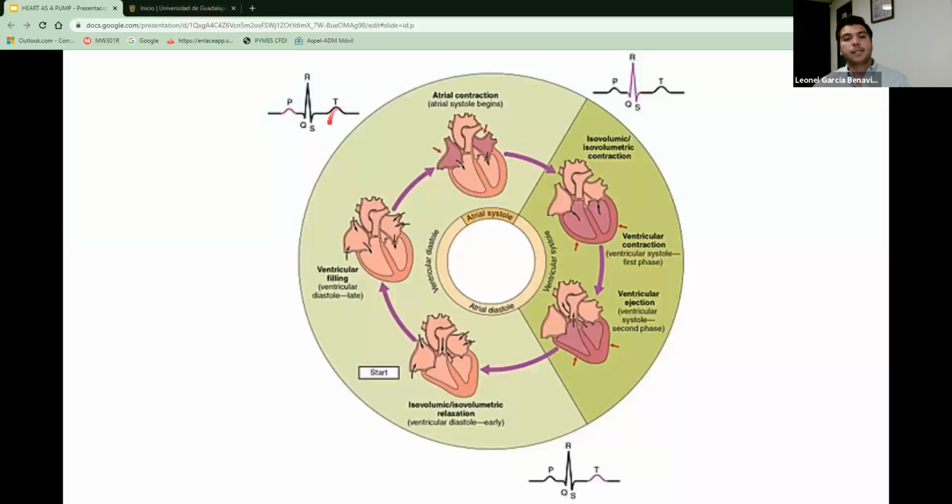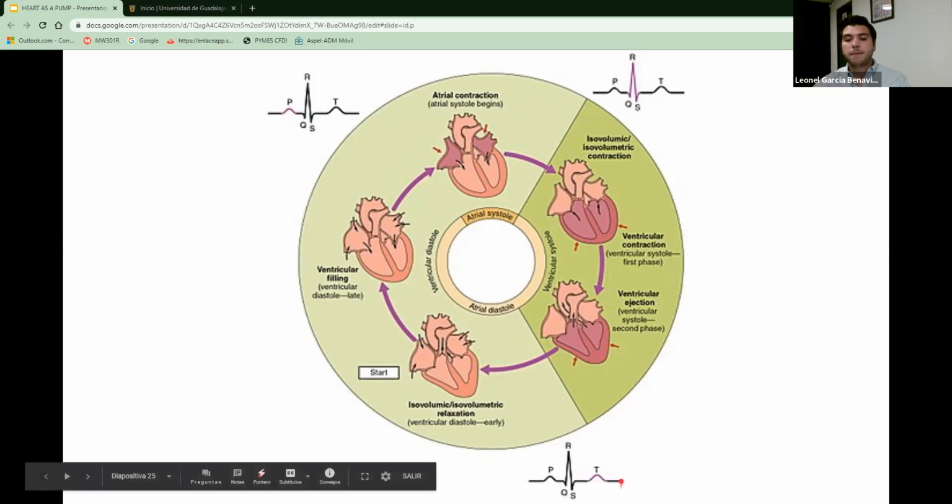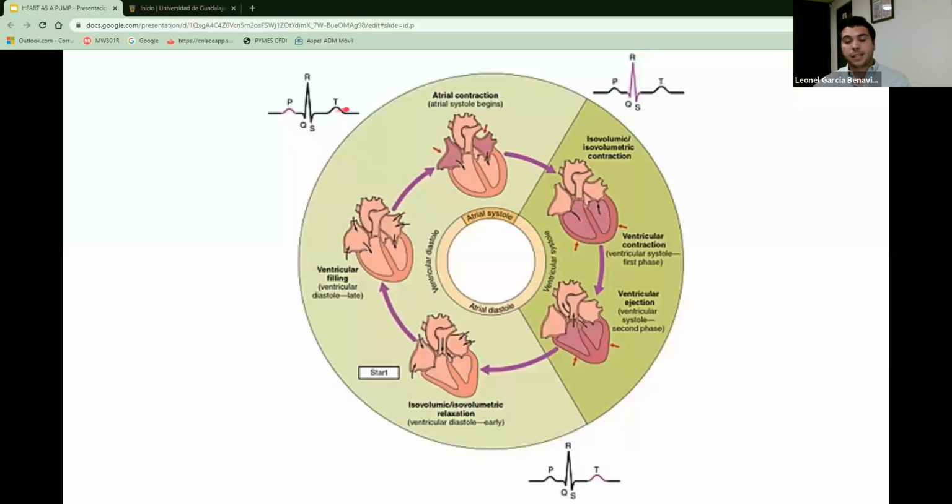And then the T wave is going to be the repolarization, the isovolumetric relaxation of the ventricles. Why don't we see the wave of the repolarization of the atriums? Because it's hidden under the QRS complex.